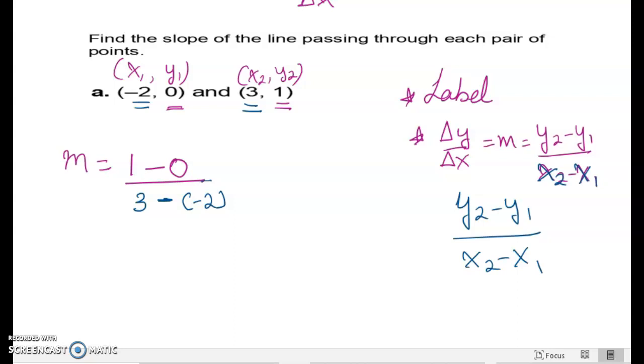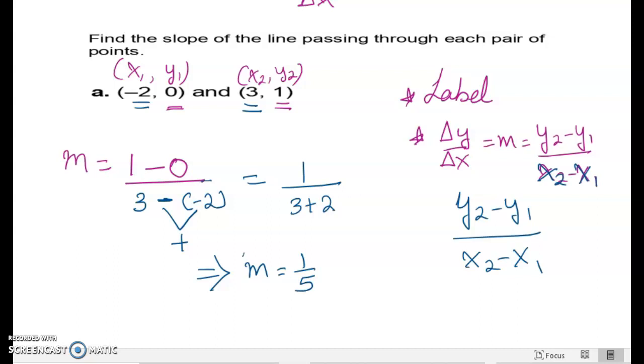I need to just write the whole x1. And be careful with this because this is a common mistake that we often make. So 1 minus 0 is 1. And if I open the brackets, minus and minus will become positive, so 3 plus 2. We are almost there. m is equal to 1/5.